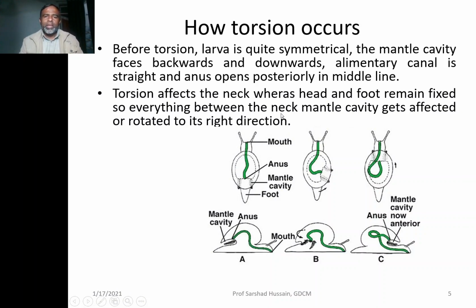So everything between the neck and mantle cavity gets affected or rotated to its right direction. So because of its rotation, the bilateral symmetry gets lost. You cannot divide this portion into two equal halves because of this rotation.